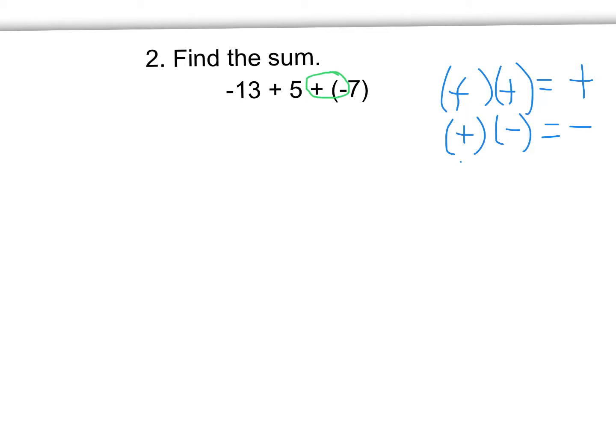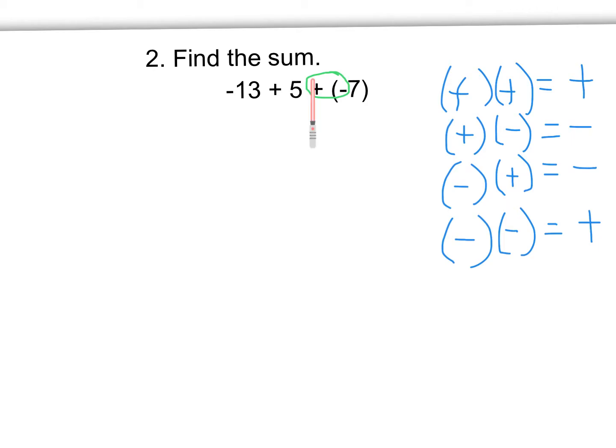Now, if I'm minusing a positive number, it's still subtraction. And last but not least, if we're minusing a negative number, we again are going to be adding.